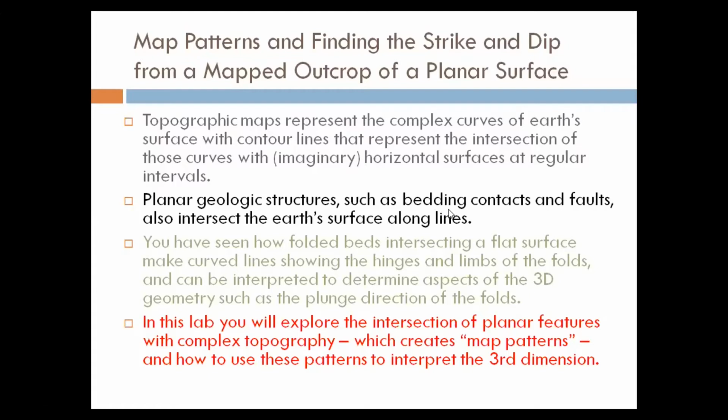Similarly, we have faults. Faults are when the layers are cut across and disturbed, and they leave a significant pattern of 3D features. Similarly, when we have folded strata, the layers are folded, and as a result of that folding, we also have the limbs of the fold and the hinge of the fold in 3D.